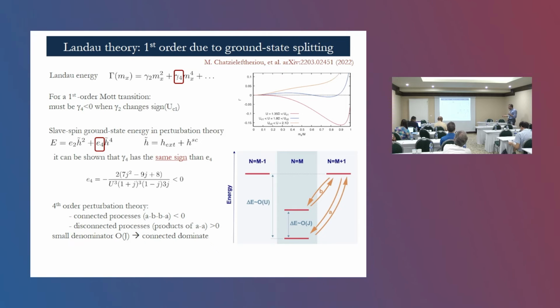Second order processes in this perturbation theory can only bring you one charge up or down, so it's equivalent to going back and forth on this process, whereas fourth order processes can bring you to this low lying state.